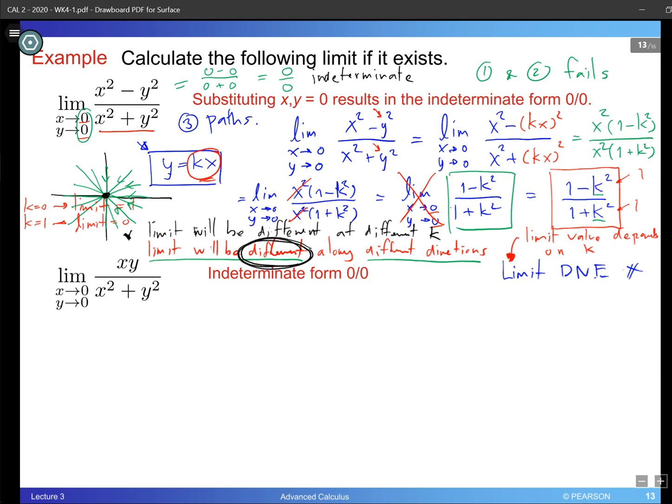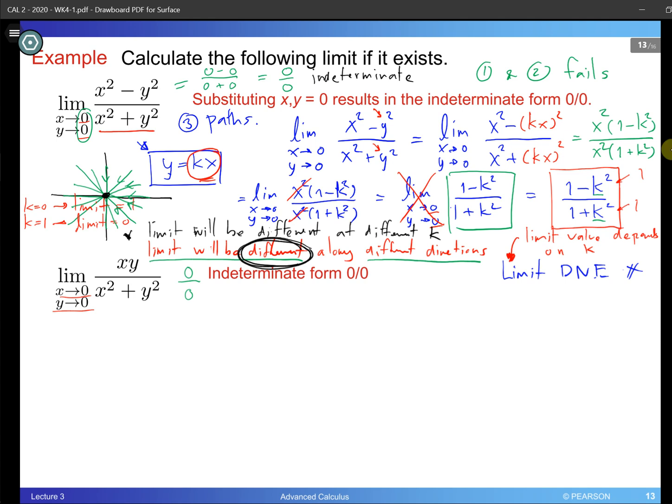All right. Now let's take a look at another one. In this example, we have 0 and 0 for x and y. Let's use the substitution first. 0 goes in, we have 0, and for the denominator we have 0 as well. Also indeterminate. You can try to rearrange things, but looking at xy divided by x squared plus y squared, I don't think I can cancel anything out.